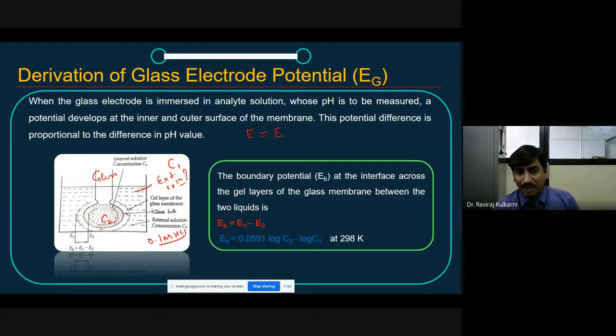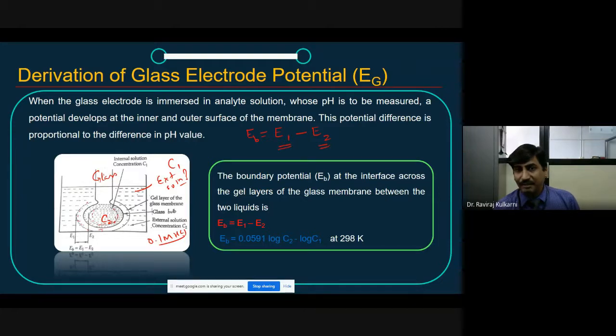So what is the potential developed across the membrane? We call it the boundary potential. I can call it E1 minus E2: the potential developed with the external solution minus the potential developed with the internal solution.